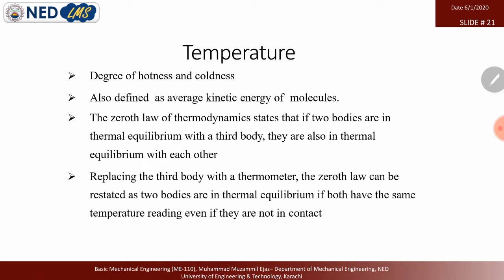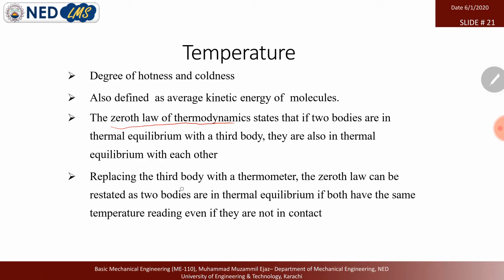The zeroth law of thermodynamics states that if two bodies are in thermal equilibrium with a third body, they are also in thermal equilibrium with each other. It's a very simple law. Basically we will cover three laws of thermodynamics: the zeroth law, then after that slide the first law, then the second law of thermodynamics.